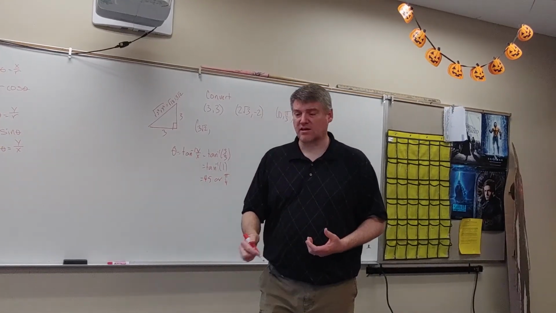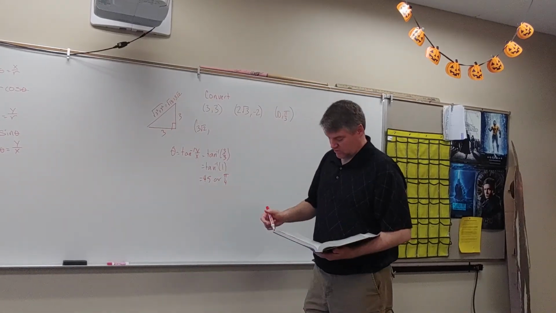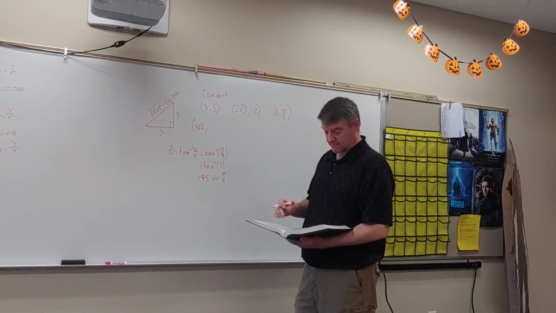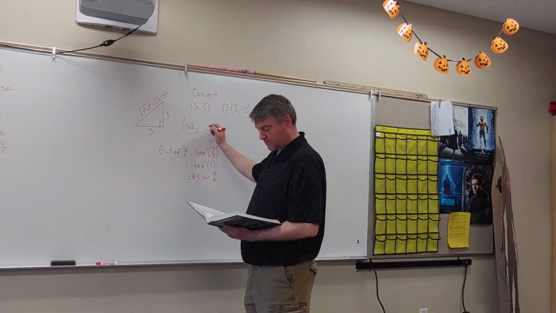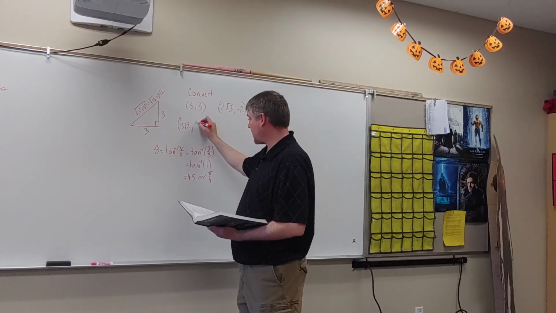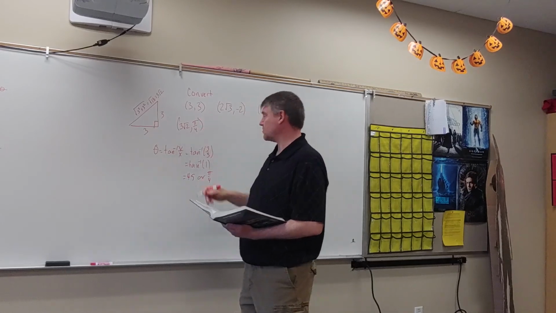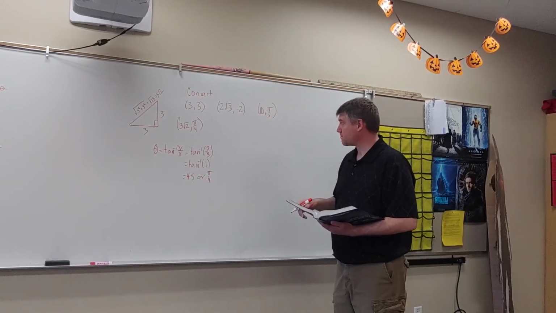Okay? It doesn't necessarily matter which one you're in. It just matters that you put it in there. So this will be 3 square roots of 2, comma, pi fourths, or 3 square roots of 2, 45 degrees.